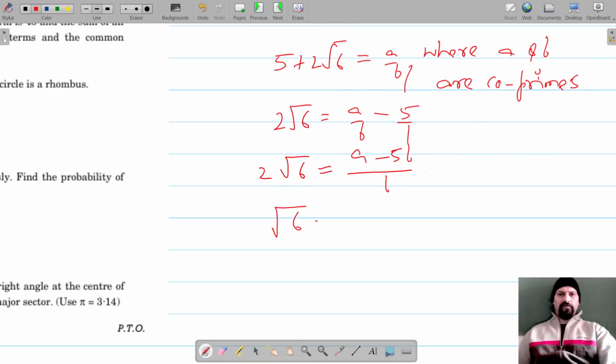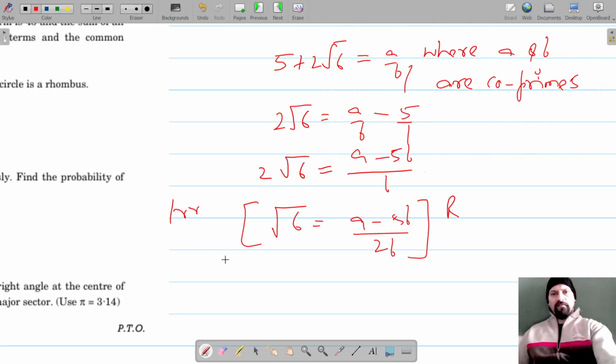Now root 6 is equal to a minus 5b by 2b. Now this side is rational and the other side is irrational. But because these two sides are equal, both should be either rational or both should be irrational.